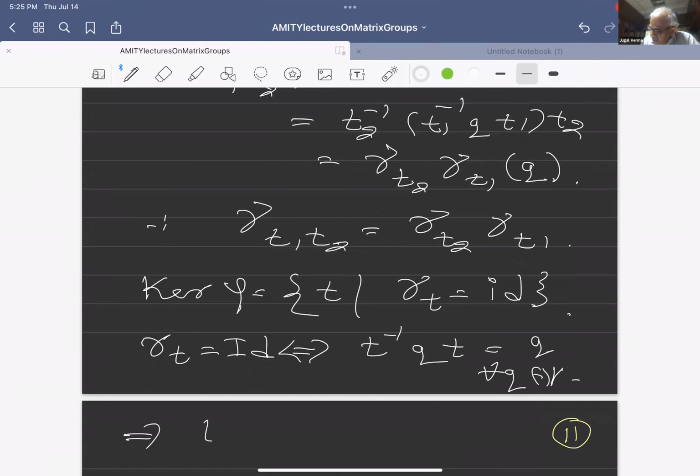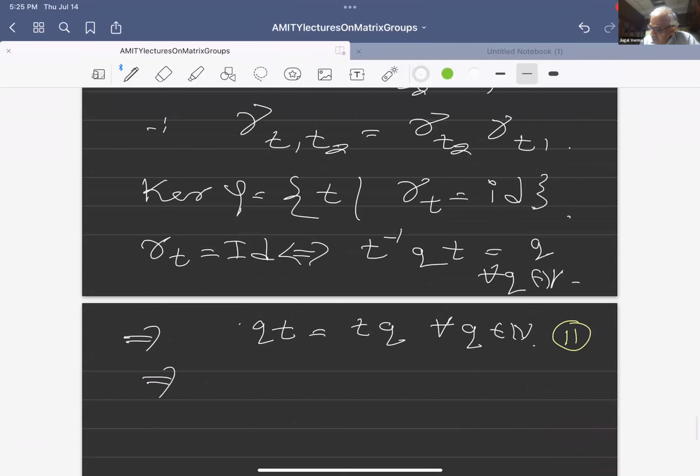But this means t inverse Q t is equal to Q, so Qt is equal to tQ for all Q in V. So in particular, Qt equals tQ for all Q in S3 also.